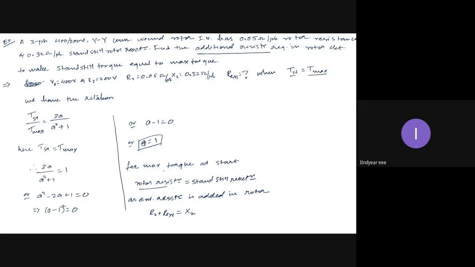Now what is external resistance? R external equals to X2 minus R2. That is 0.32 minus 0.05. So this is 0.27 ohms.